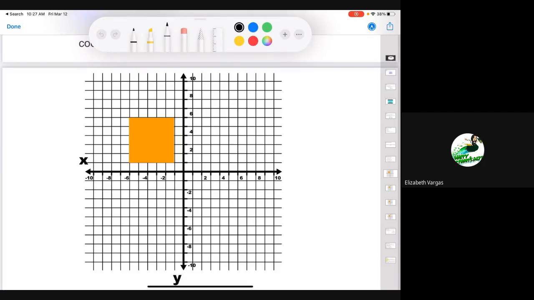Say here I have a positive 90-degree rotation, so a counterclockwise 90-degree rotation. Well, I know what I need to do first is negate y, and then switch x and y. So what I want to do is identify the points on my original figure, my pre-image.